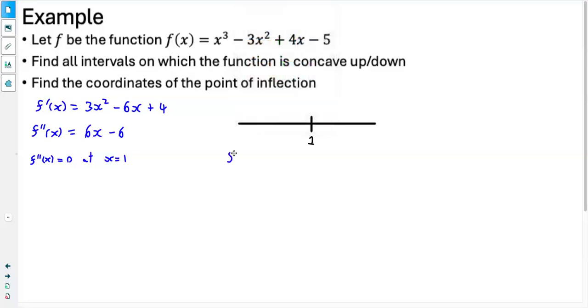So if we have f double prime, our second derivative of x, and we want to choose a point on one side of this, I might say try 0. So f double prime of 0 is equal to 6 times 0 minus 6, so that gives us negative 6. So we can see on this side it's going to be negative.